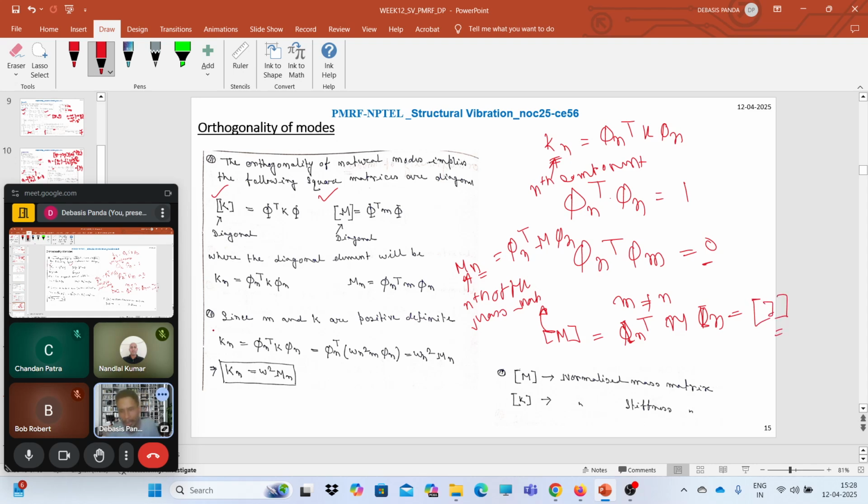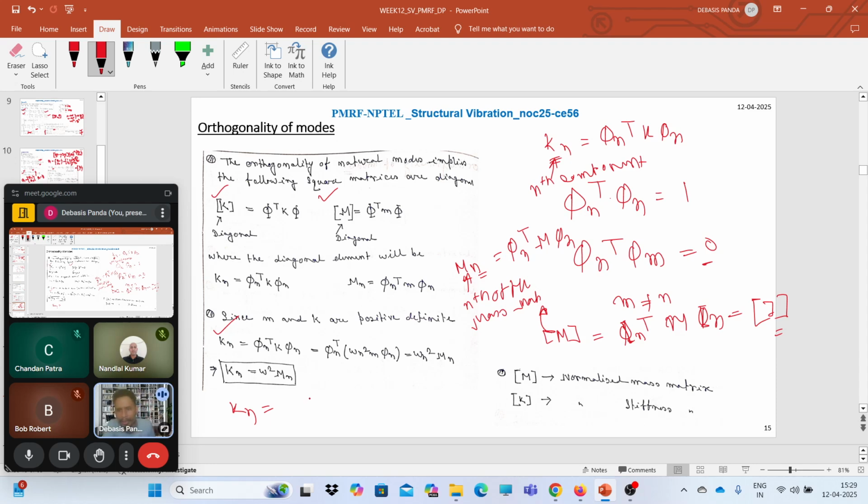Now here also, Kn is a very useful equation which you need to recall. Kn means the normalized stiffness matrix, or more precisely, the elements of the normalized stiffness matrix.